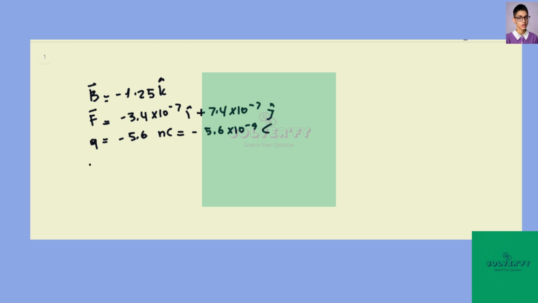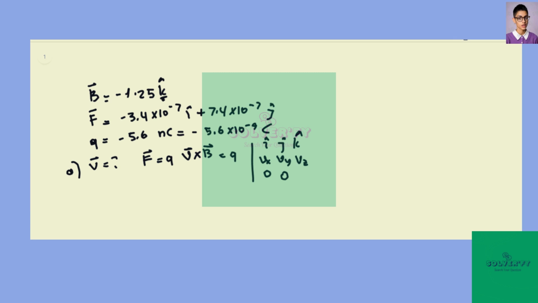Now, in order to calculate the velocity vector, given that information, we're going to remember F equals Q V cross B. So then Q times the determinant of i hat, j hat, k hat, V sub X, V sub Y, V sub Z, B sub X, B sub Y, and B sub Z. As you know, these two components are zero because the magnetic field is given purely along the z direction, so it's negative 1.25. Now let's plug in for Q, negative 5.6 times 10 to the power negative 9.